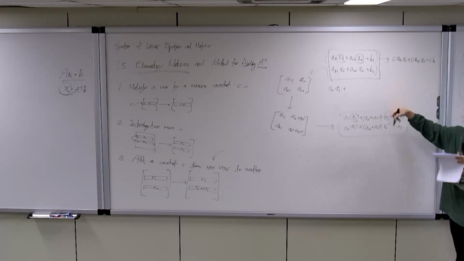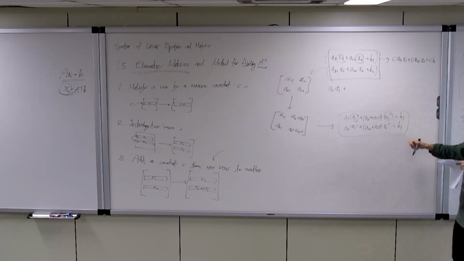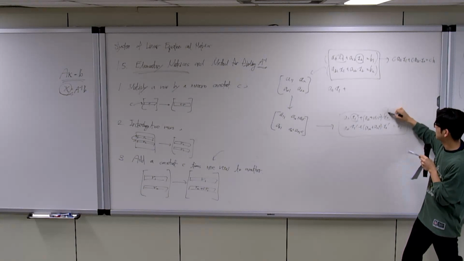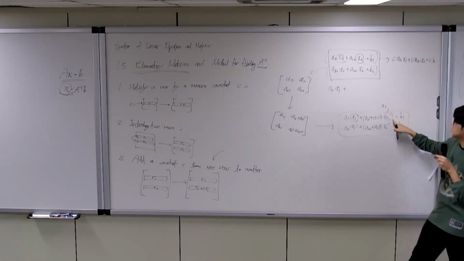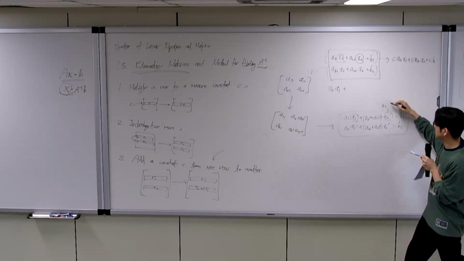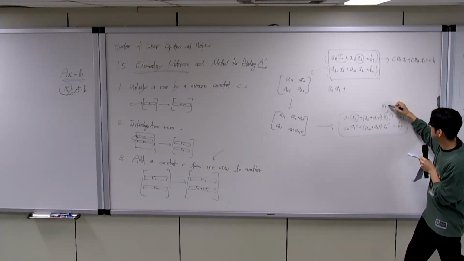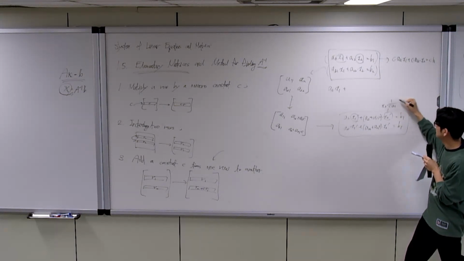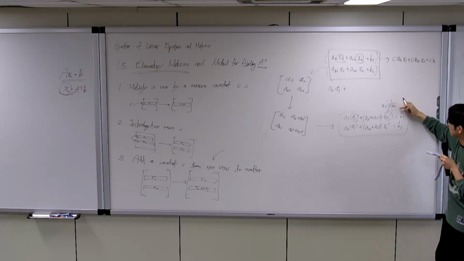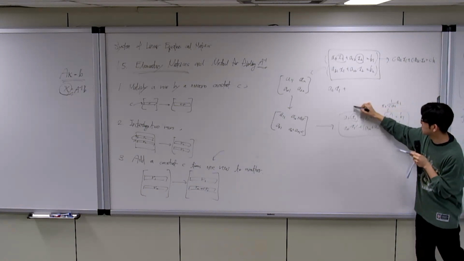Its solution is related to each other, because if we define x2 prime equal to x2 minus c times a11, 1 over c times a11 x1, and x1 is x1.